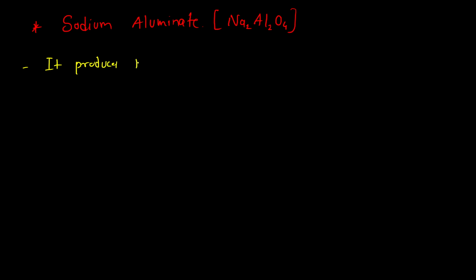Now the next one is sodium aluminate. This is the last one. The formula for this is Na2Al2O4. It produces flocs at any pH.